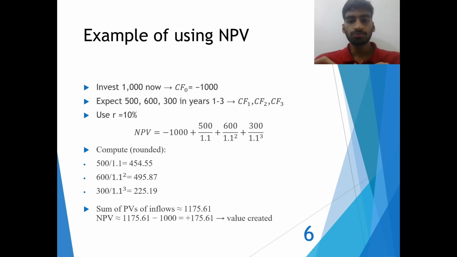You add all those together, totaling 1175.61, and subtract the initial $1,000, getting you the final value. Hopefully it should be above zero if you want your project to succeed.